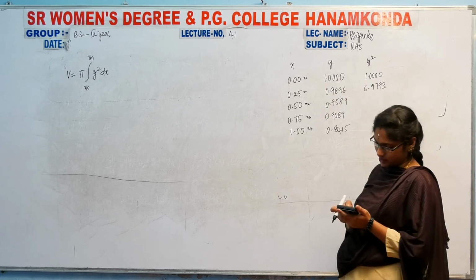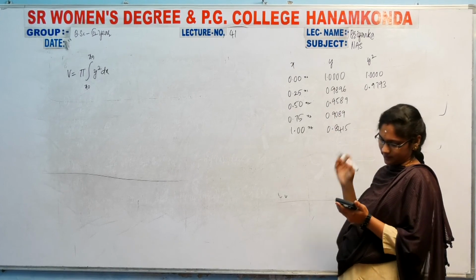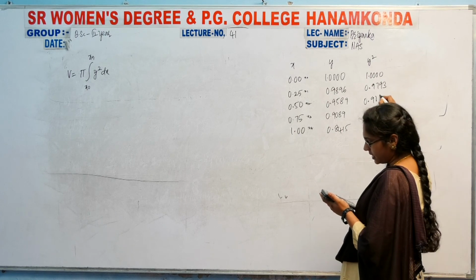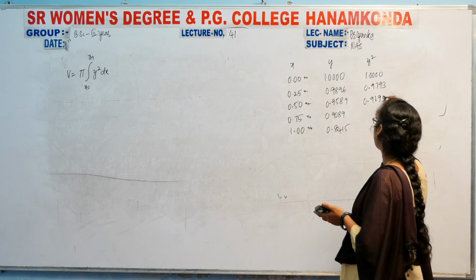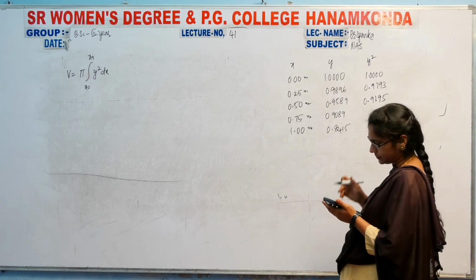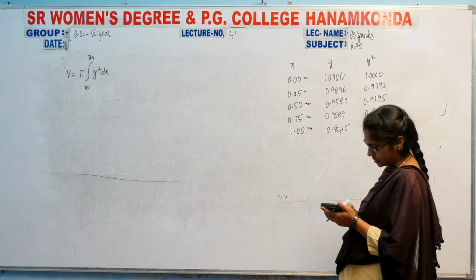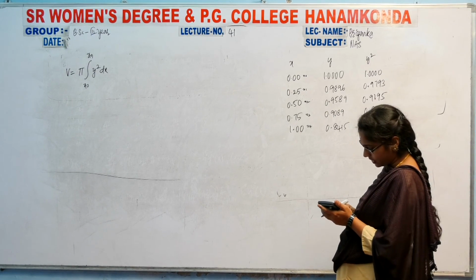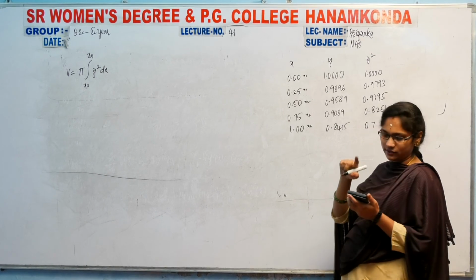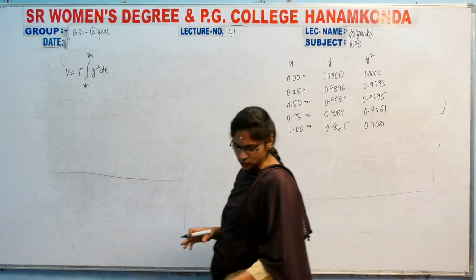I am taking only 4 digits. Next, 0.9589 square is 0.91948, so I am taking 0.9195. 0.9089 square is 0.8261. 0.8415 square is 0.70812, so I am taking 0.7081. Now we have the values of y square.